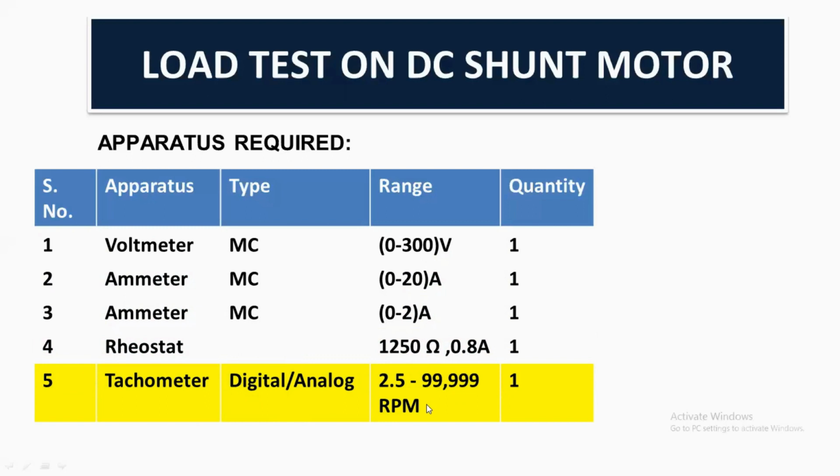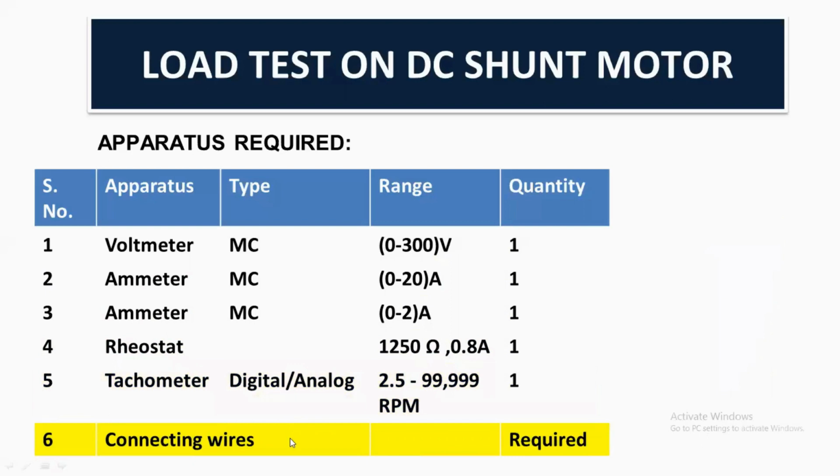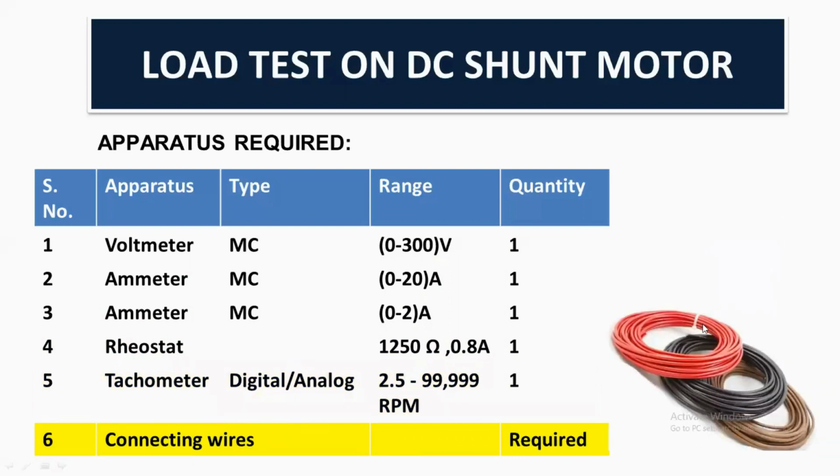The range should be more than 1500 or 2000 RPM. Here I take 2.5 to 99,999 RPM, one quantity. This is the digital tachometer. Then connecting wires, the required quantity of connecting wires.